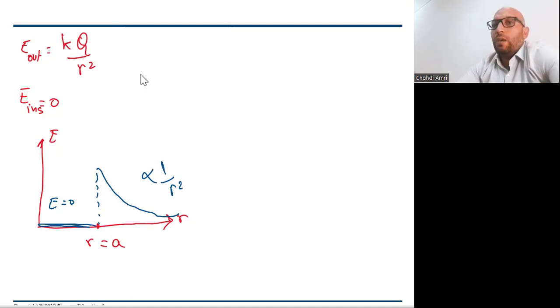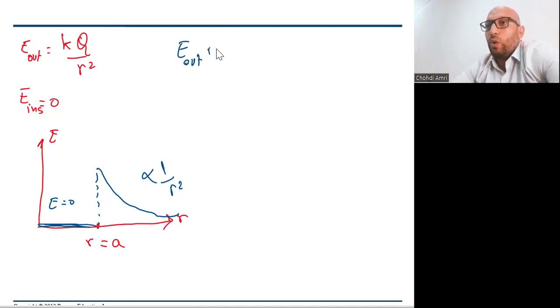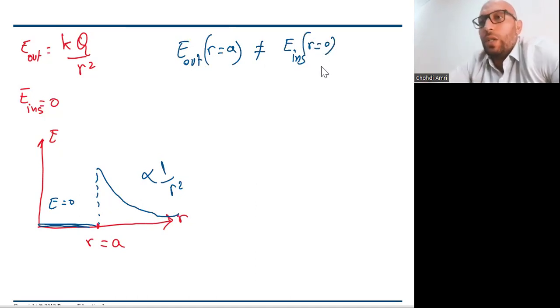As you see here, E outside when r equals a is different from E inside when r equals a. In this case, we cannot say that the electric field is continuous, but it's discontinuous at the surface of the shell. And we are done.